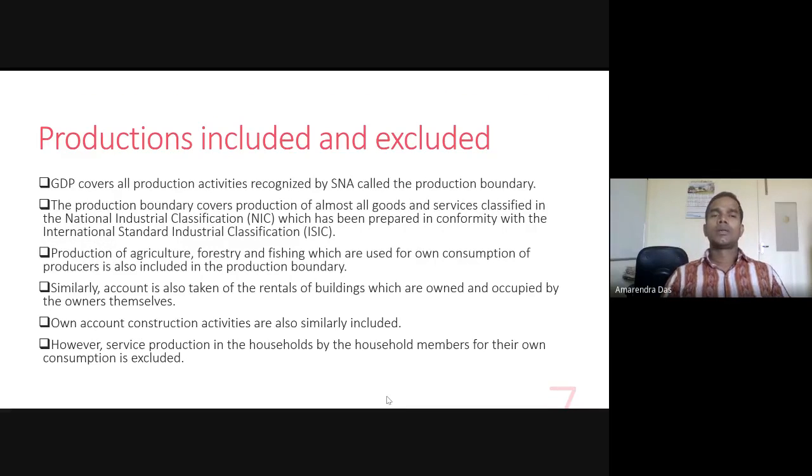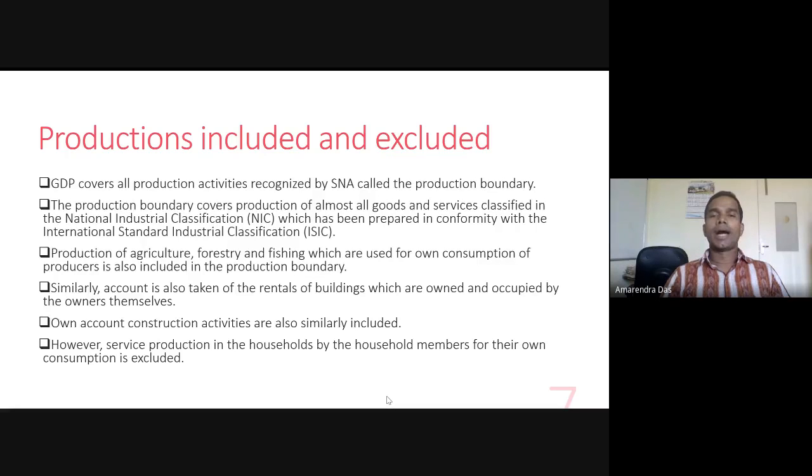Now comes the production: what is included and excluded in the GDP. I should start with the things that are excluded in the GDP estimation. The service production in the household by the household members for their own consumption is excluded from the GDP. Suppose the mother teaches the child in the family, then we do not include that service.